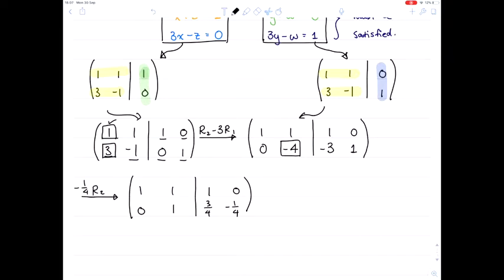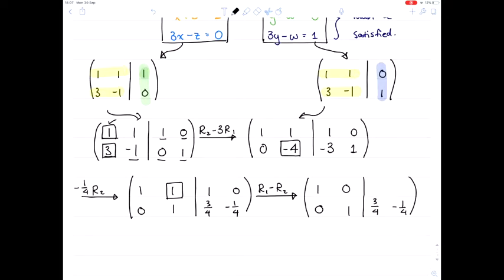The final thing that we need to do is convert this into a 0, which we'll do by subtracting row 2 from row 1. So I'm going to say row 1 minus row 2. And that's going to give us, I'm going to write down my second row so that I don't change that. So I've got 1 minus 0, which is 1, 1 minus 1, which is 0, so I've got an identity matrix there.